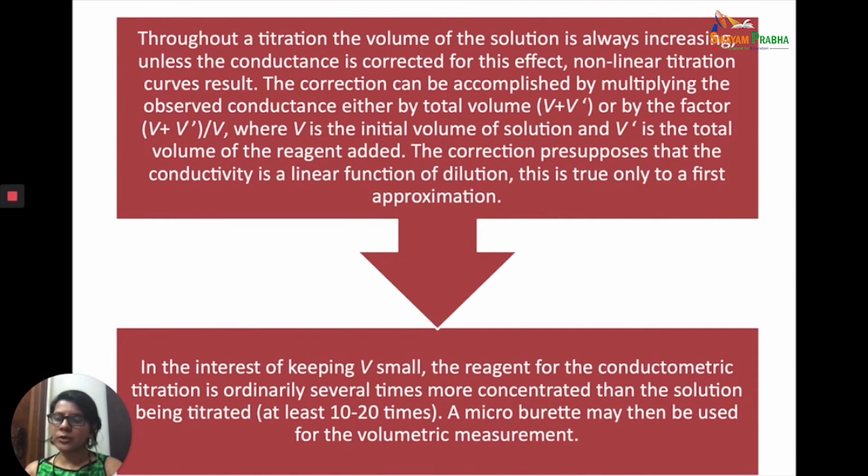But as you progress, your teacher will ask you to make the solutions. So what is the factor they want you to maintain? The analyte that you have to analyze should be 10 times more dilute than the titrant, or 20 times more dilute than the titrant. So the difference between the titrant and the analyte should be 10 to 20 times. The titrant should be stronger and the analyte should be more dilute.